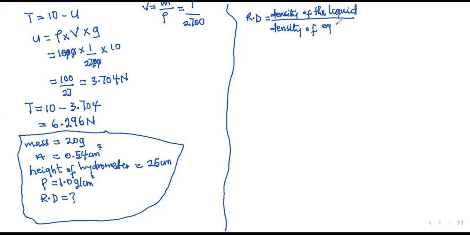Equal volume of water. Okay, and the density of water, no matter the volume, if it's pure water, must be 1 gram per cm cube or 1,000.